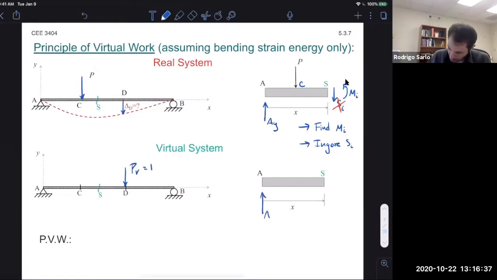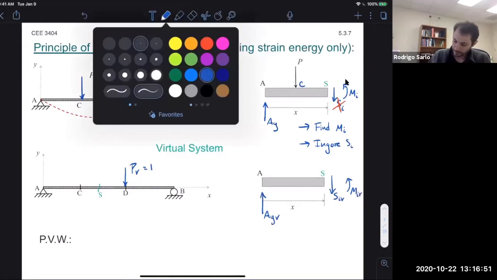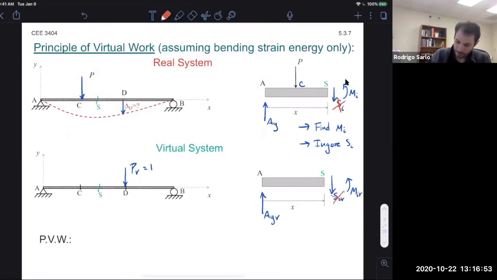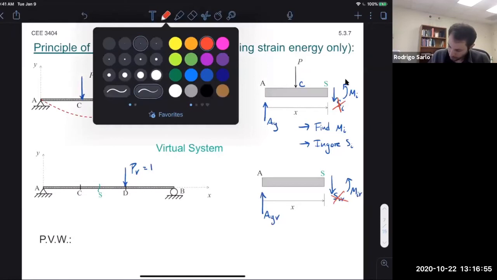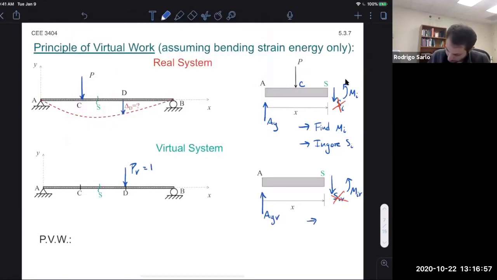So we would get a virtual reaction here, and we would get a virtual shear and a virtual moment. Okay, again, ignore the shear and just find the moment. All that we know how to do, all right?